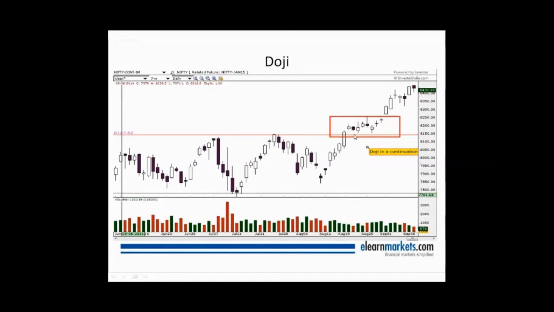It crossed an important resistance, the previous 2 tops, and the markets crossed them with a big white candle showing the bulls were in action and the buying force, and then the markets are tired. So they are taking rest, and then the up move is continued. Hence, the doji over here acts as a continuation pattern.